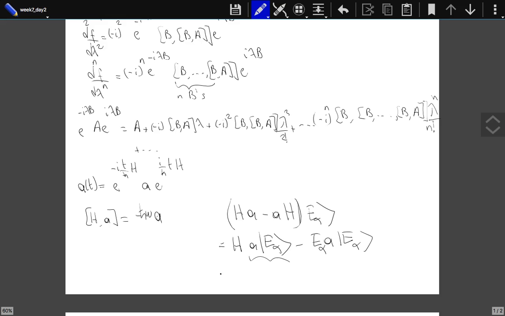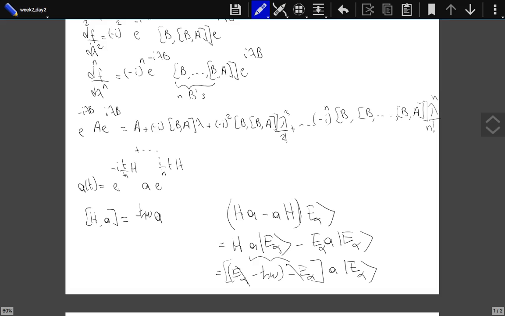Well, this has an energy E alpha minus h bar omega, minus E alpha, times A E alpha. So the E alphas will cancel, and we end up having minus h bar omega A.